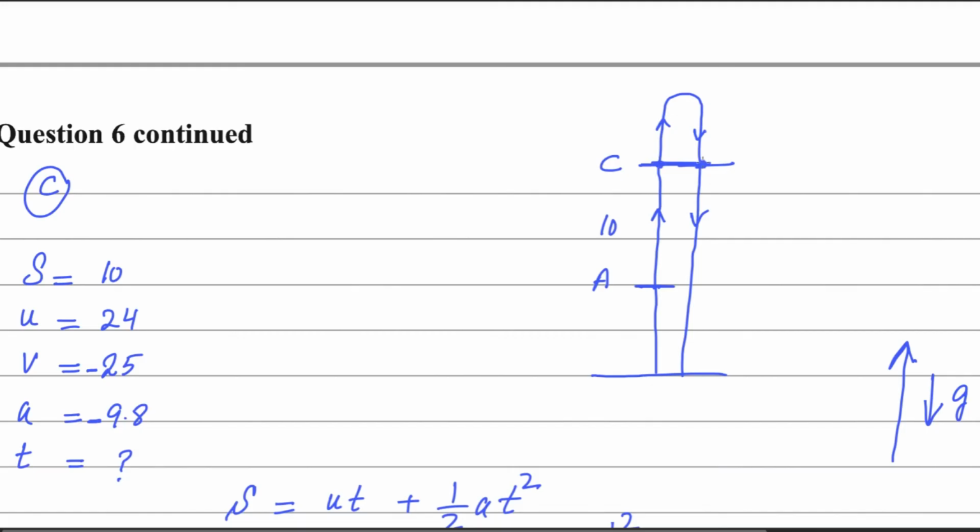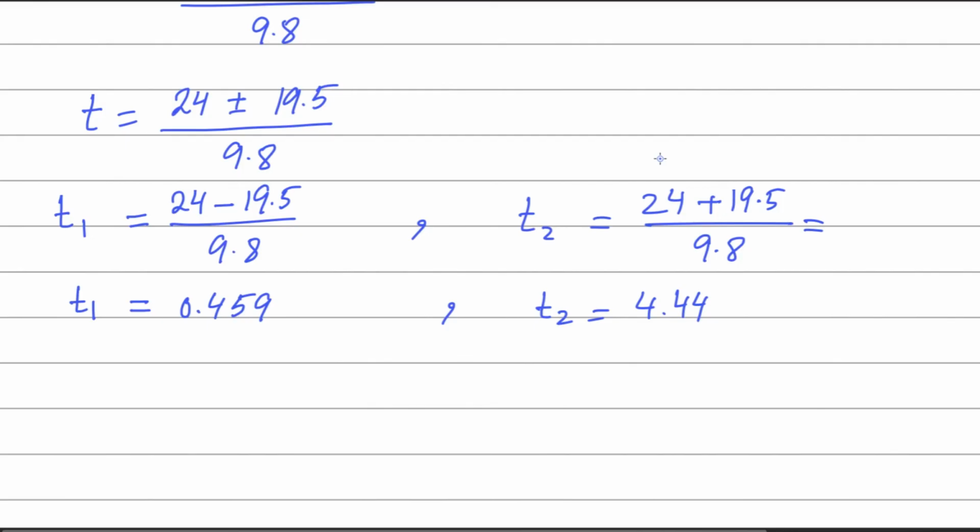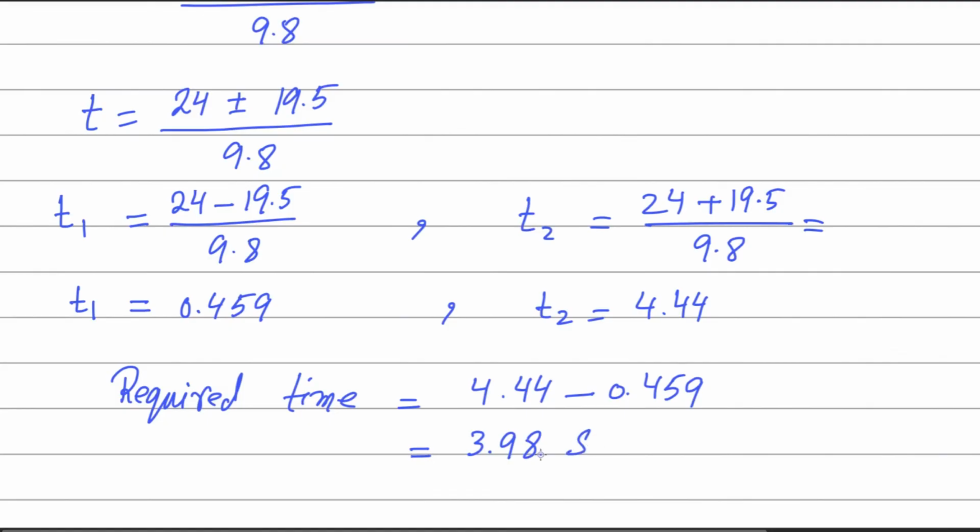The difference of these two times is the time during which it was above point C. So we take 4.44 minus 0.459, and the answer is 3.981. We want the answer to three significant figures, so it will be 3.98. This is the time taken when it was above point C.